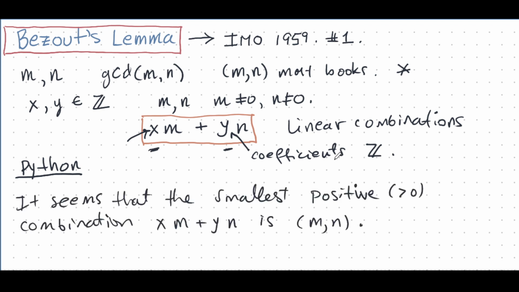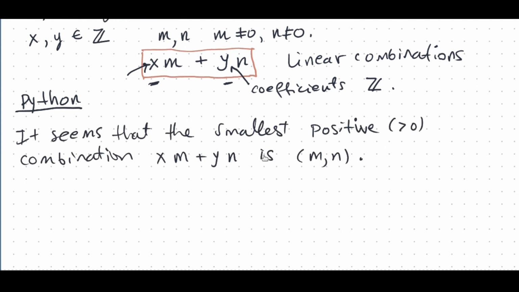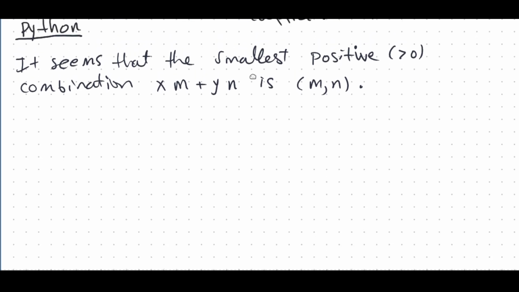So from playing around with Python, it seems that we have discovered that the smallest positive combination xm plus yn, greater than 0, is actually the GCD of m and n. And this is Bezout's lemma.